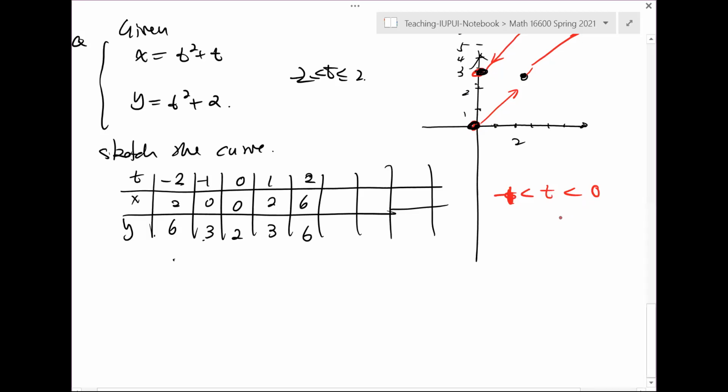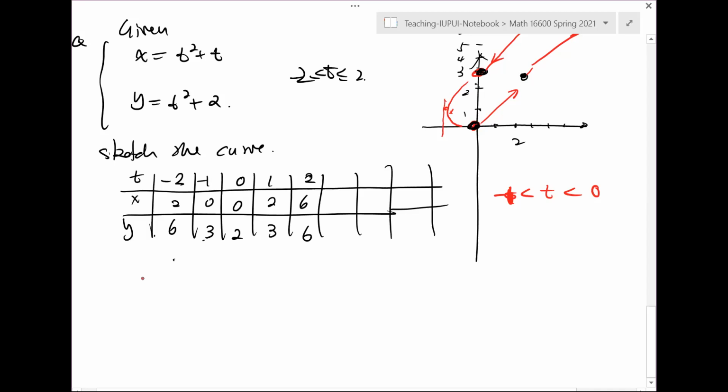I have to find out how it's going this way. Imagine, x has a minimum value. So this is how far it can go on the left side.